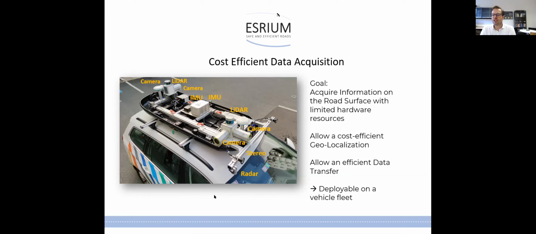Can we do an efficient data transfer so that finally we have a system deployable on a vehicle fleet, so that not only a single individual scanner is operating on several thousands of road kilometers, but multiple cheaper systems can go with routine drives of the road operators, can operate routinely on the road network, and therefore impose little additional costs for data acquisition.